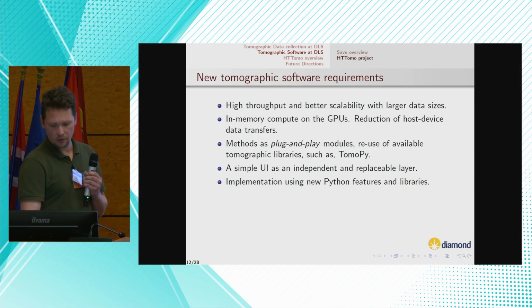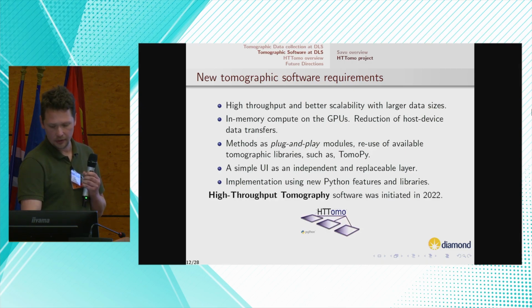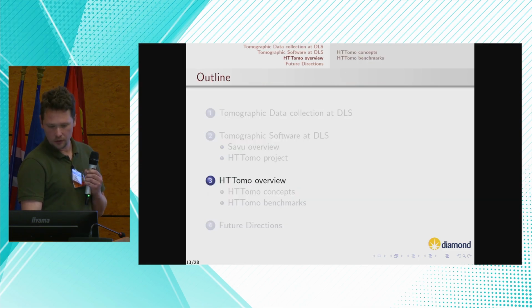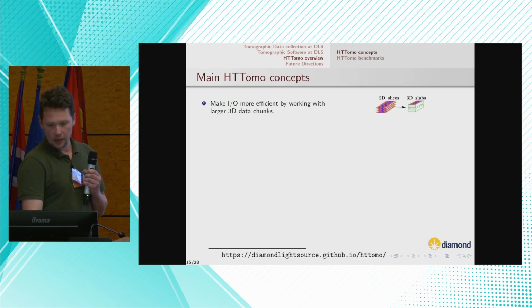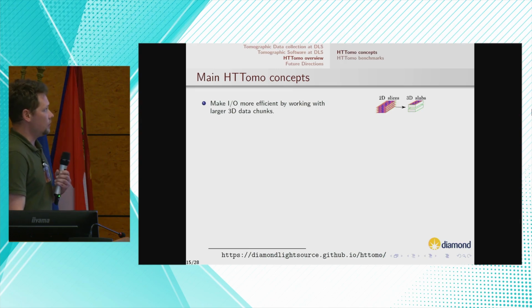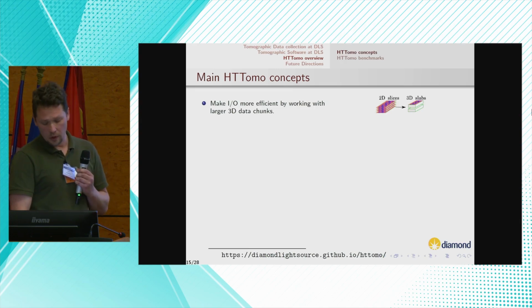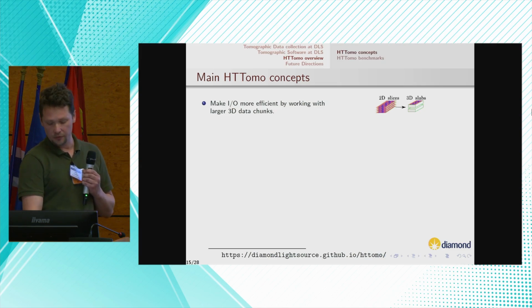And implementation using newer Python features and libraries. Then we came up with the high throughput tomography software, HTOMO, in 2022. Essentially, it has a few main concepts, if you like. Rather than two-dimensional slices, we work more with 3D data chunks or 3D blocks that would fit into GPU memory.